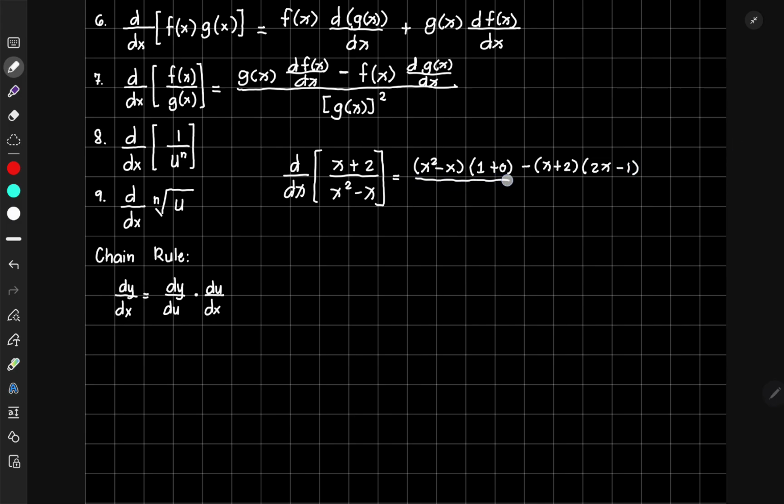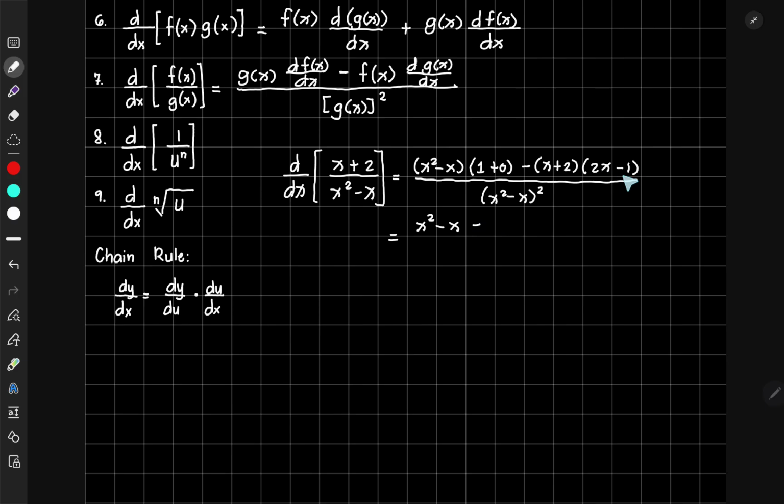So all over yung square ng ating denominator, which is x squared minus x squared. So simplifying, so dito, so this is also 1 times x squared minus x. So we have x squared minus x.